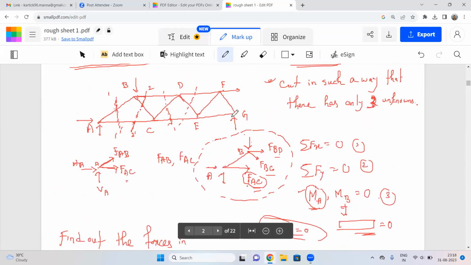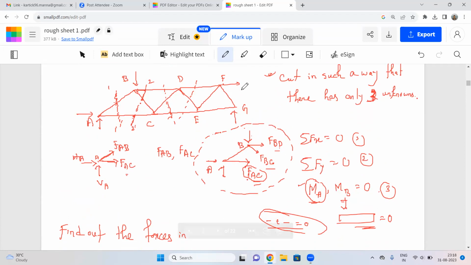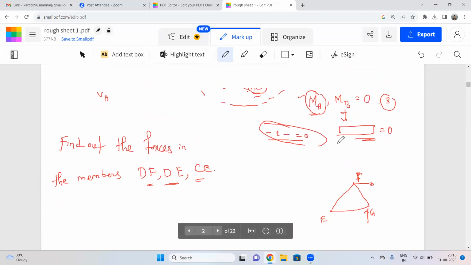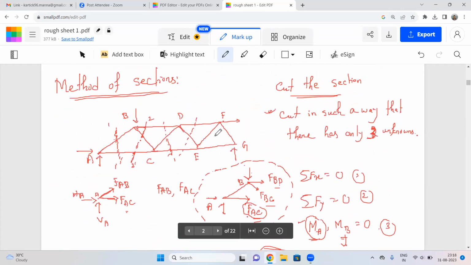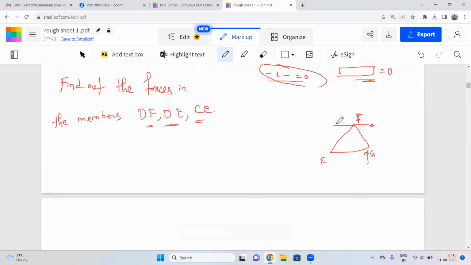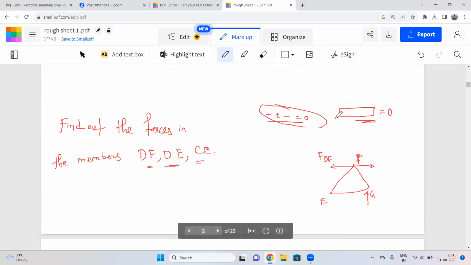Now look at the forces. Here one vertical force at point F, there is one horizontal force, right? So horizontal one, here vertical one. What are the other forces? That is this one, DF. For the member DF, suppose we assume the direction is this one from F. So that is FDF, right?